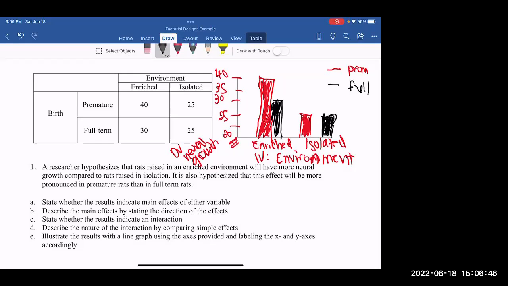If we look at the red bars, for premature rats, it's 40 versus 25, compared to the full-term rats, where it's 30 versus 25. So again, we see the same thing: comparing across the two, the differences for premature rats are much more significant than for full-term rats.